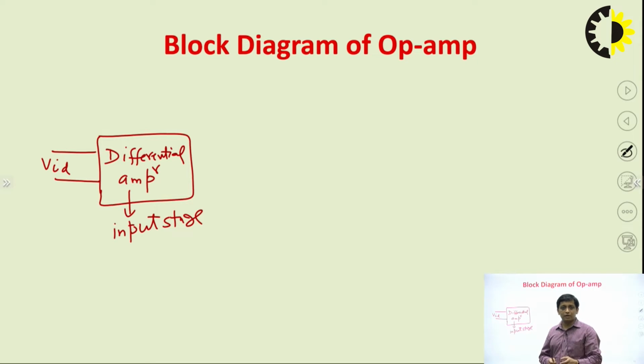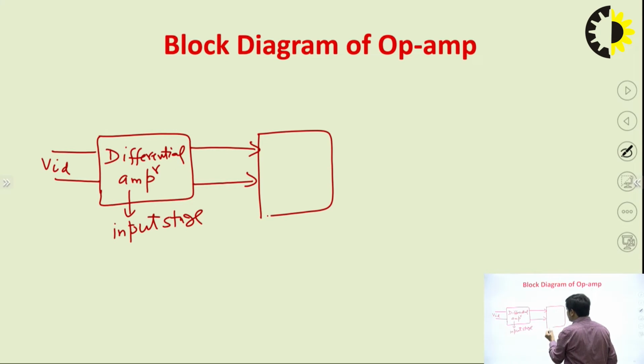So there are four configurations for a differential amplifier. Normally the first stage is the dual input, balanced output. Balanced output means we take the output from two terminals, right? And after the first stage, the next stage is called the intermediate stage.